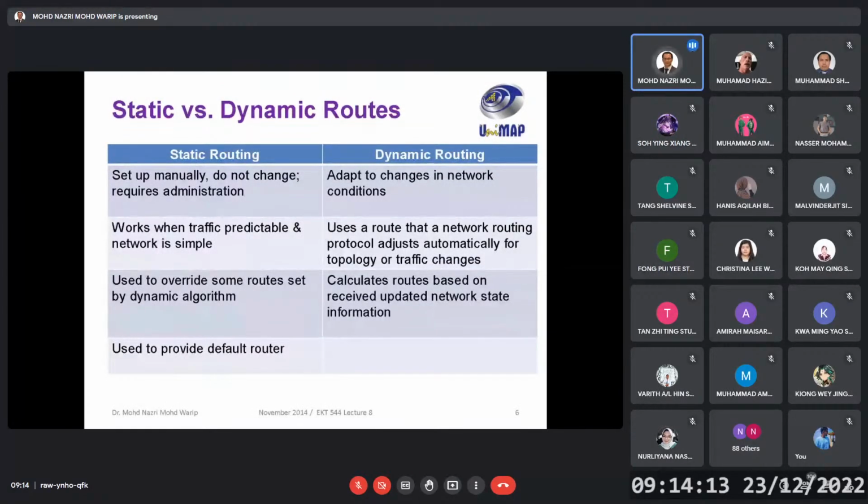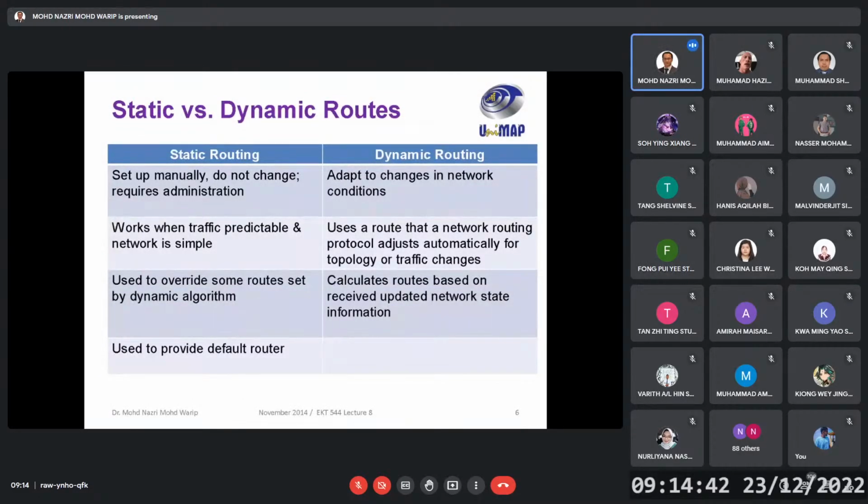It works when traffic is predictable and the network is simple. Like I said, if you have two routers and a simple network, just use static. It is also used to override some routes set by a dynamic algorithm, and to provide a default route. Default route means, for example, you have one router, say you configure Cyberjaya.